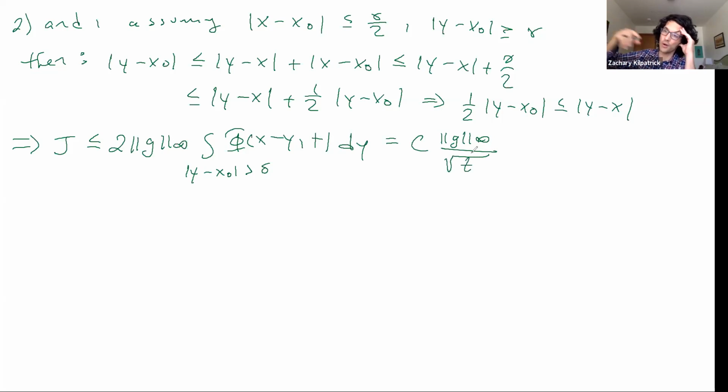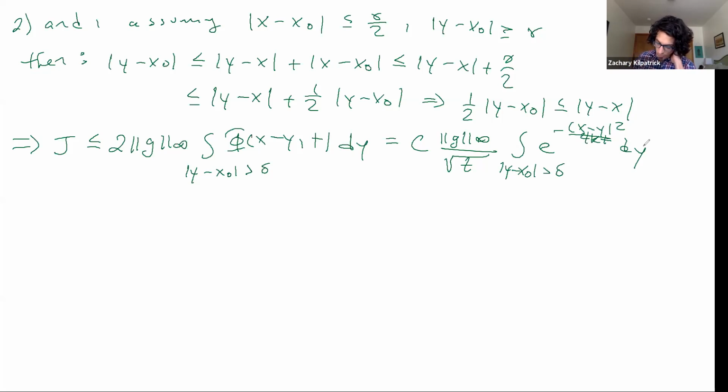The 1 over square root of 4 pi k part. I'm just going to lump that together with the 2 and call it c. I'm going to save the square root of t part from that. And I'm going to just plug in the definition of my phi there. Okay, so that's just my phi.